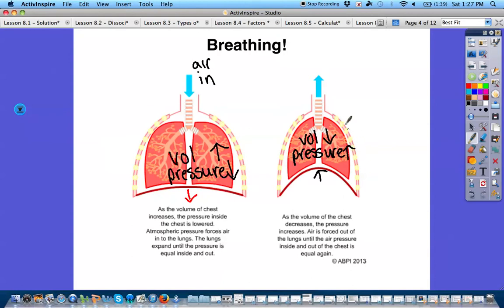And this forces air out because, again, gases in general move from an area of high pressure to low pressure. Think about it, you would rather have some elbow room than being crowded shoulder to shoulder next to someone. That's the same type of thing that our gas molecules want. They want some room to move more freely.